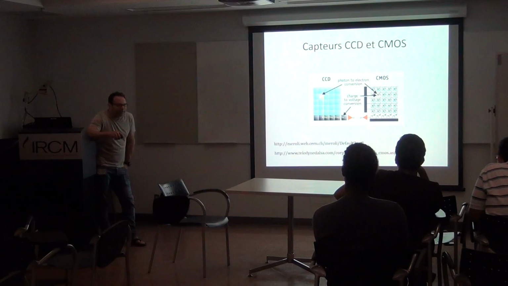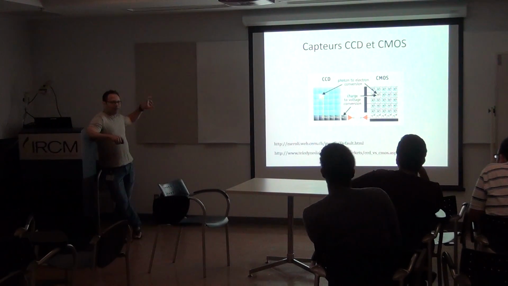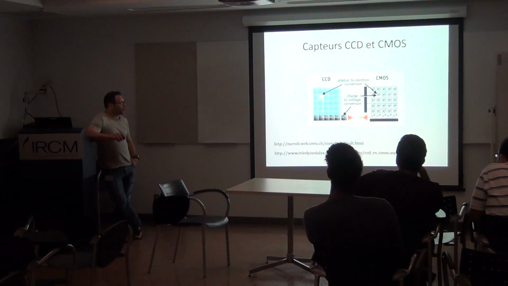So the first one gives the data to the computer, then the other one takes the data from the other, and so you need a certain amount of time to empty all the data that are in the device. While with a CMOS, every pixel will give its value right away to the computer. Okay? So it's much, much faster. Well, they capture at the same speed, but they transmit the data in a much more efficient way than the CCD.